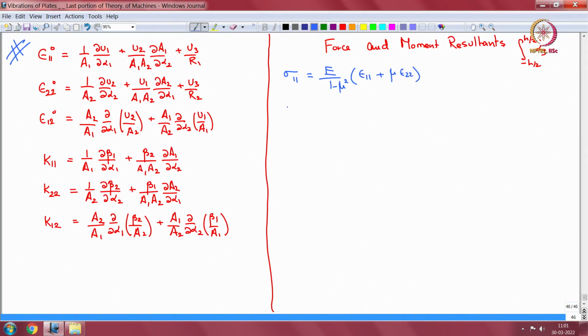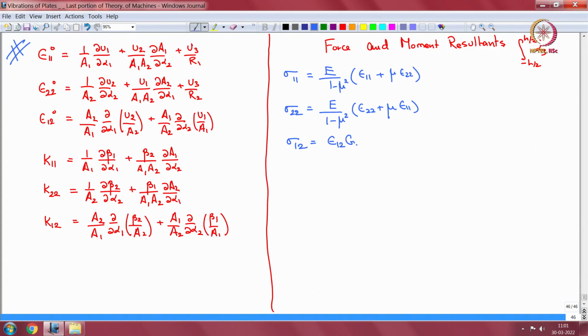Sigma 2 2 is equal to E by 1 minus mu square epsilon 2 2 plus mu epsilon 1 1, and sigma 1 2 is epsilon 1 2 into G.